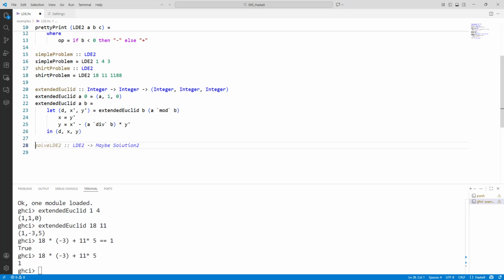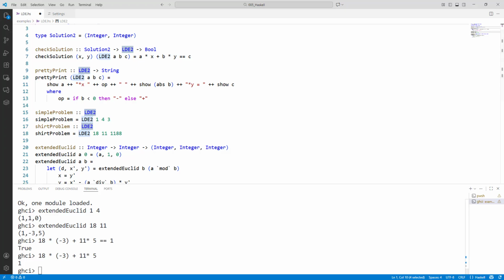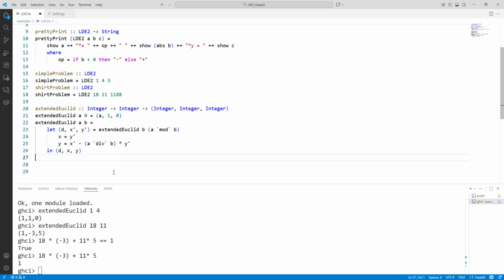So how do we make it? We should be taking the LDE2, and then we should find a way to do it. Exactly. How do we do it? The problem here is that it doesn't always return a result.